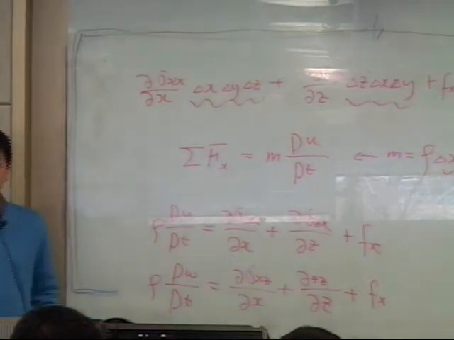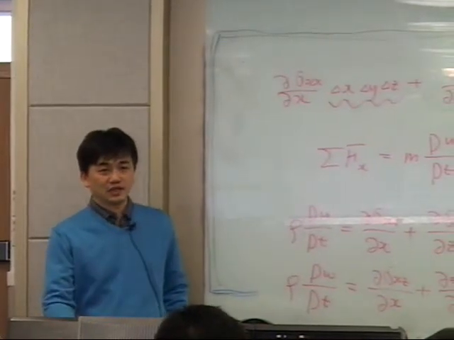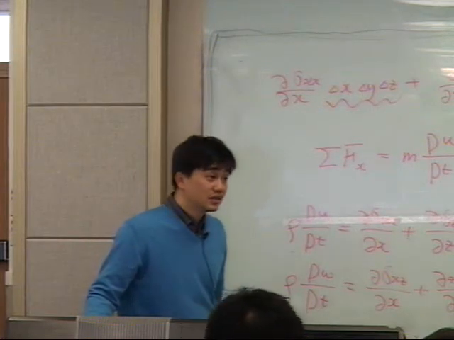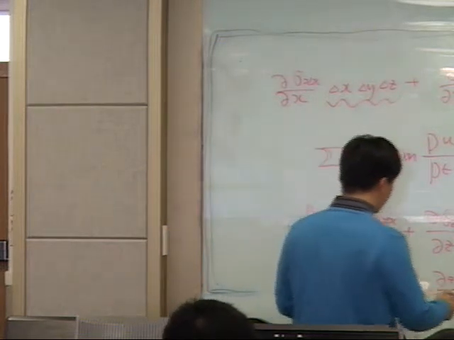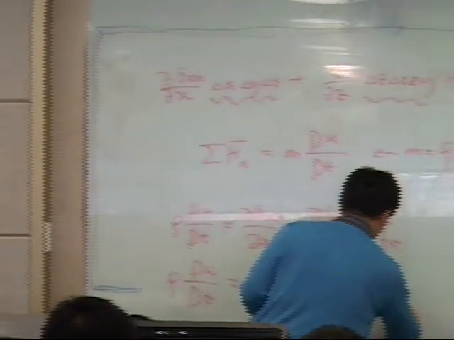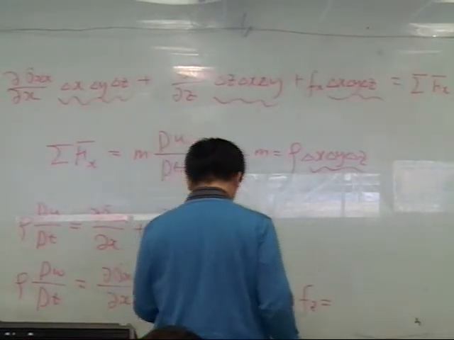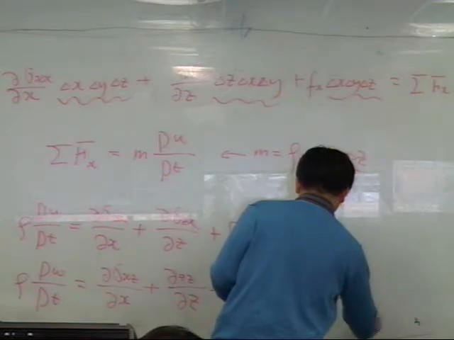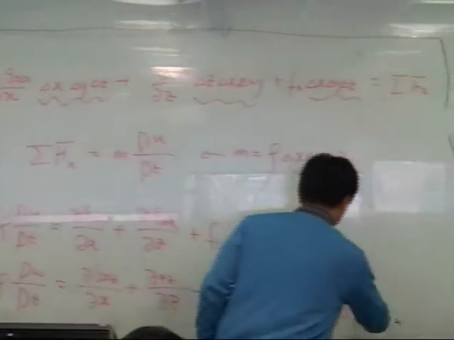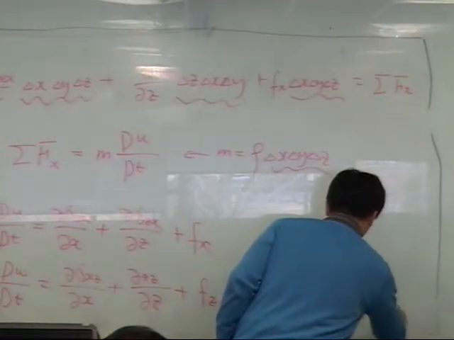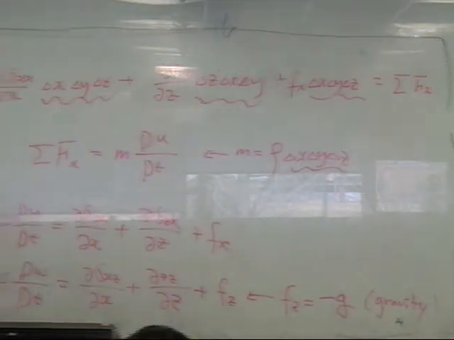Actually, in the y direction, we have a known body force. What's that? Gravity, right? So this Fy is gravity, minus g. It's gravity. Okay. So this is the equation of motion.